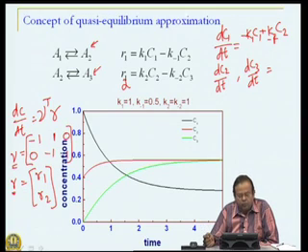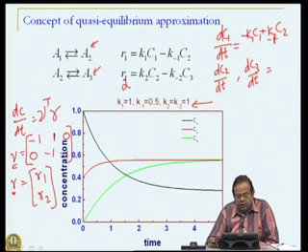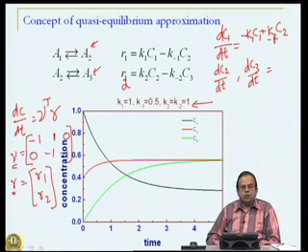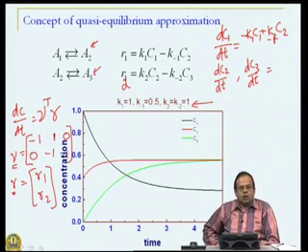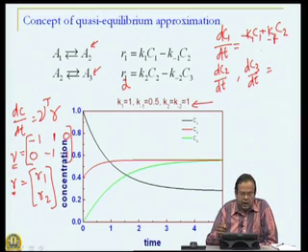These are some random values that we have given, and some values of the parameter set K1, K minus 1, K2, K minus 2 and so on. So, if you plug these numbers into these mass balances and simulate them, you will get a concentration profile which looks something like this.